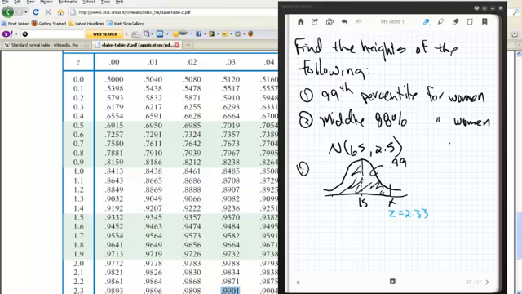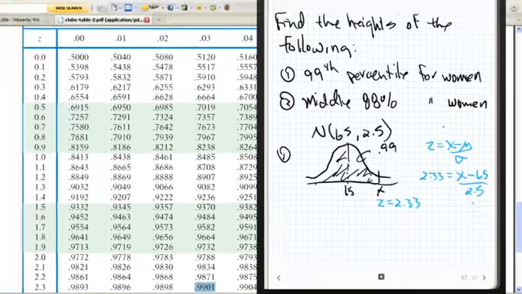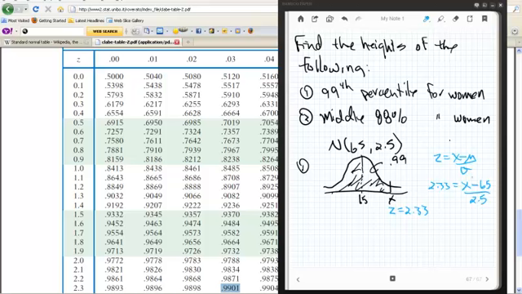I want the height of the woman. Well, guess what? We still just use the same formula. Z equals X minus mu over sigma. Well, Z is 2.33, equal to X minus mu, which is 65 inches, divided by 2.5. Look at that. I have a simple Algebra 1 equation that I can solve.